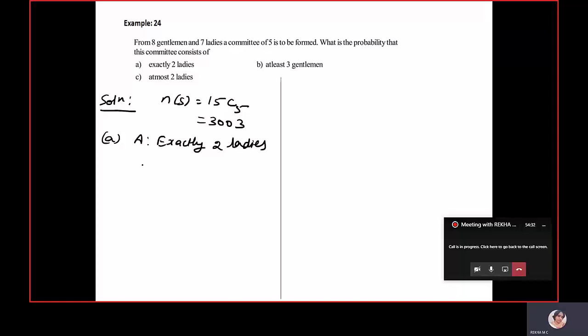So out of 8 men and 7 ladies, you are selecting 3 men and 2 ladies.